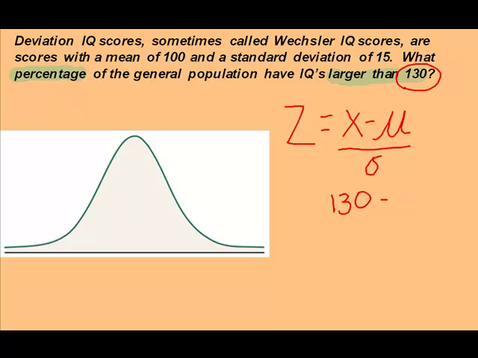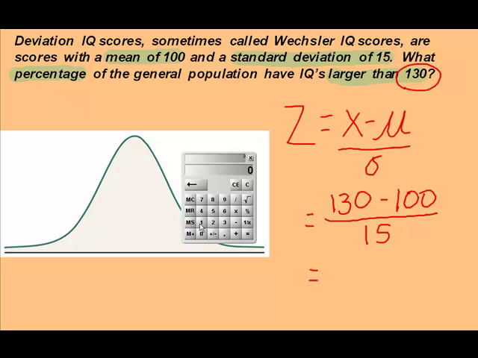The mean is still 100, divided by the standard deviation, which is still 15. 130 minus 100 divided by 15 equals 2.